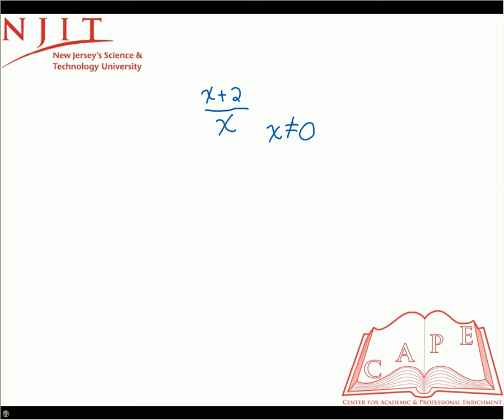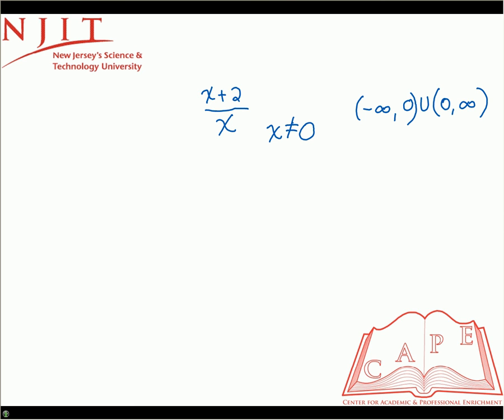The answer is that x can be any real number except for 0. And then just for fun, let's write it in interval notation. That means it can be from negative infinity to 0, parenthesis, union, and then from 0 to infinity. And that will be our domain for that expression.